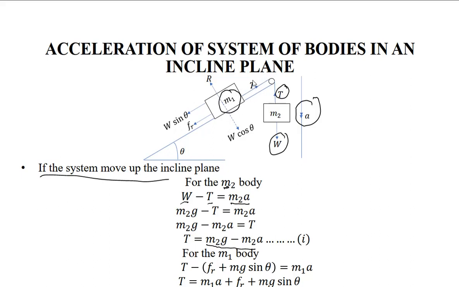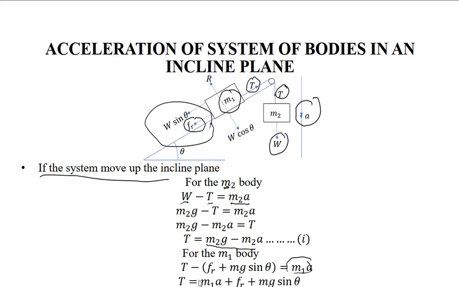Now, for the body of mass M1, since the system is moving up, the tension is greater than the force opposing the motion. Note that since the system is moving up, the frictional force will act down the plane, will oppose motion. So, we will have that tension, the force causing the body of mass M1 to move, minus the sum of the forces opposing the motion, which is frictional force plus mg sine theta, will give us the resultant force.